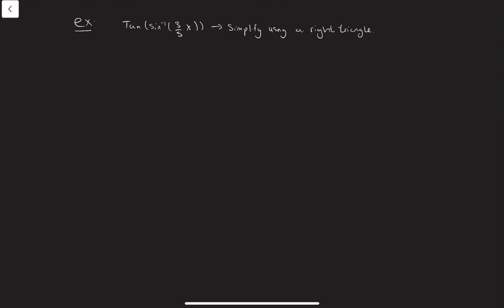So let's say that sine inverse of 3x over 5 is equal to a. Then we can say sine of a is equal to 3x all over 5, right?